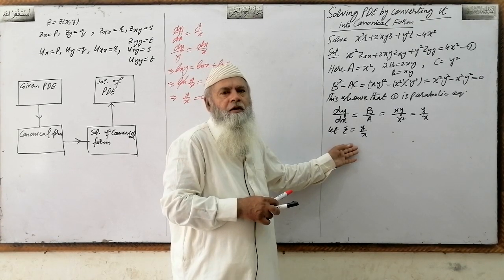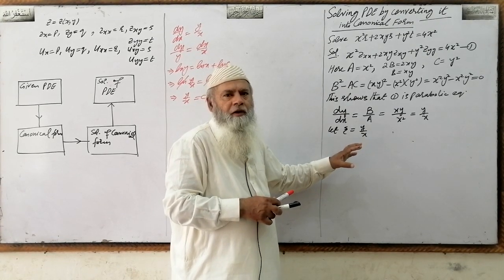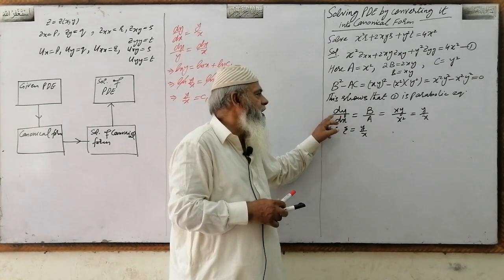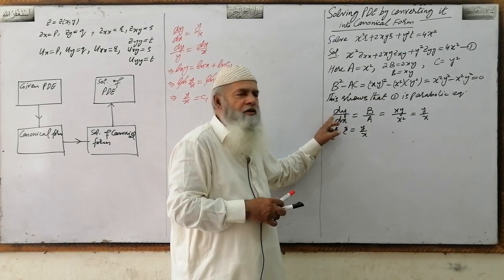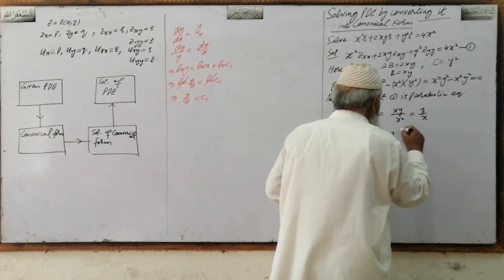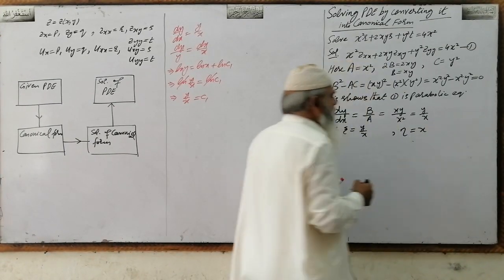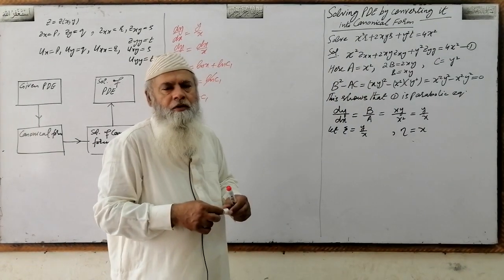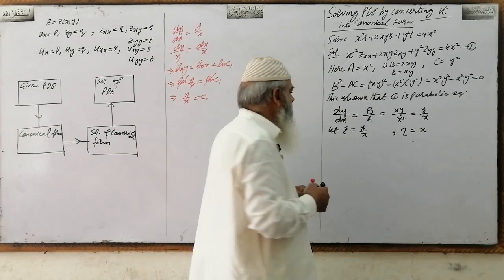We need one more variable, but here we had only one value of dy by dx. Therefore the second variable eta we will assume eta is equal to x.